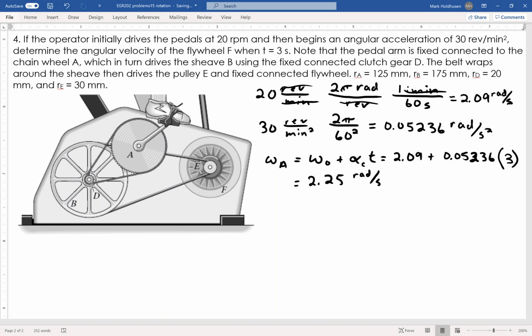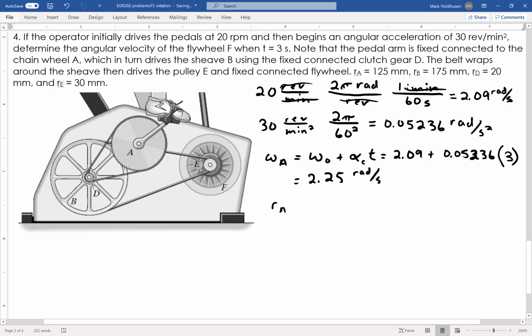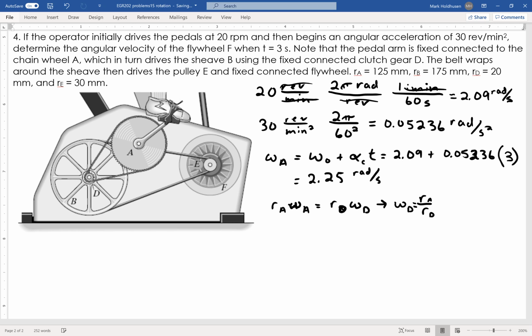So for example, RA omega A, which is what I know, equals RD omega D. From that, I can learn that omega D equals RA over RD times omega A.